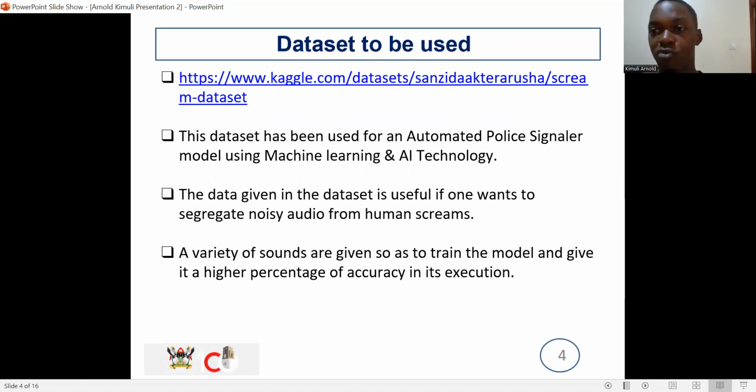This is where the AI will apply, in that it will be able to differentiate between human screams and any other loud noise. This data set happens to have a variety of sounds, and this is to help train our model. In case it hears any sounds, it has to be able to differentiate between human screams and noisy sounds.